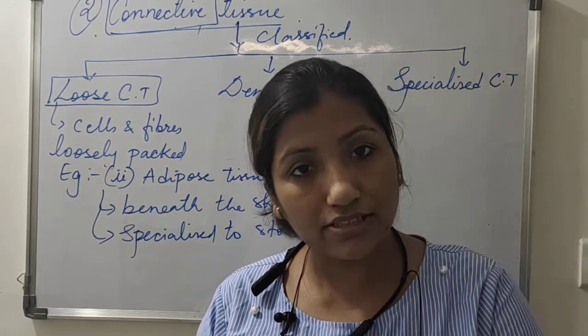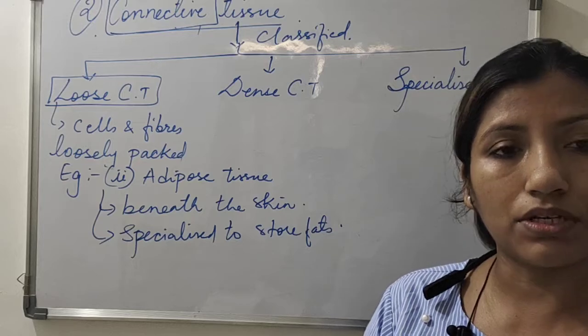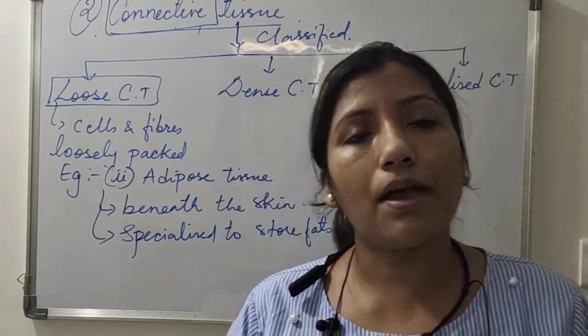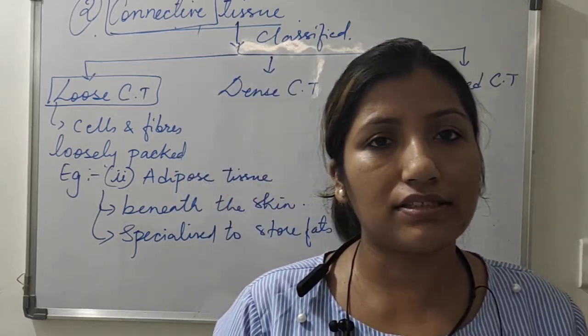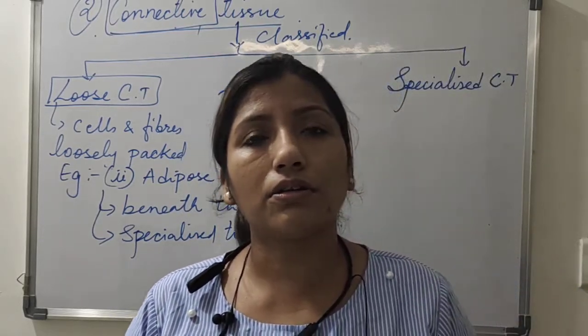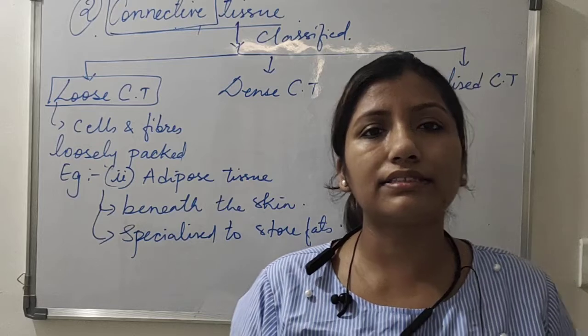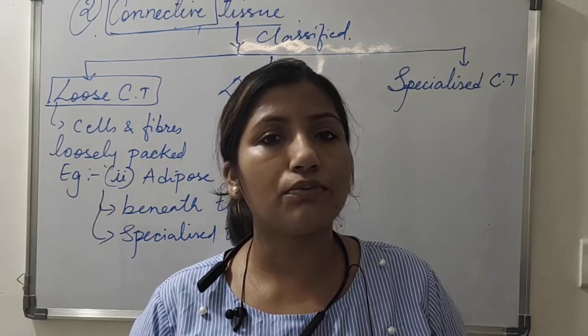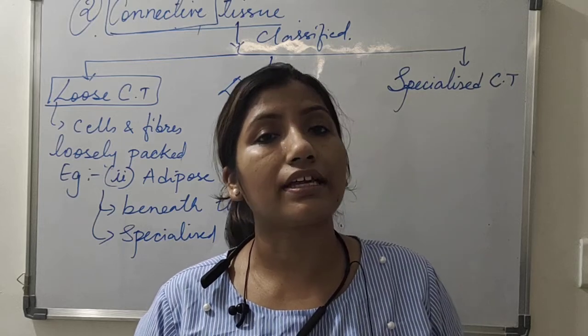And what do these fat cells do? They store fats. In what condition do they store fats? What happens when we eat excessively? We don't eat a balanced diet. A balanced diet means what is required for our body, and we don't eat accordingly, we eat excessively.